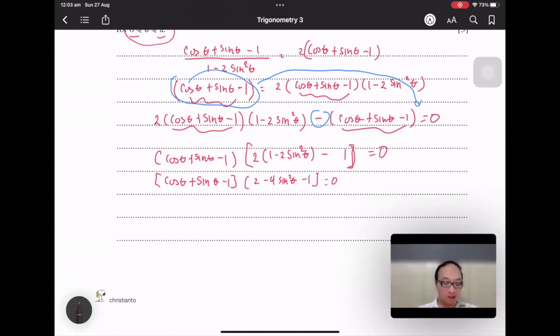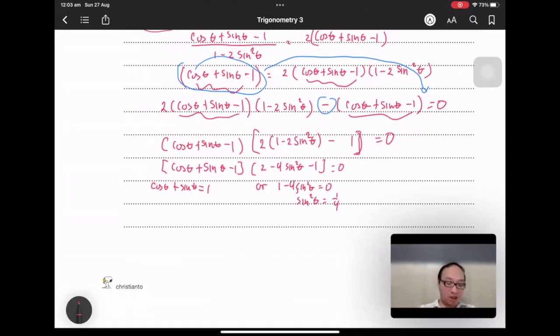So from here, I can have cos theta plus sine theta equals 1, or 1 minus 4 sine square theta equals 0. Or I can have sine square theta equals 1 over 4.